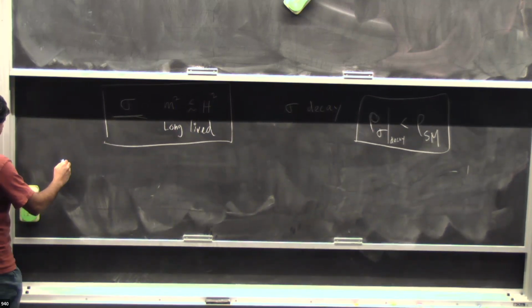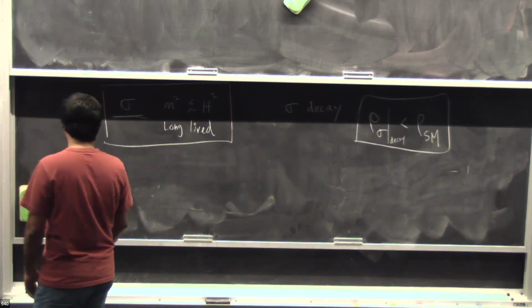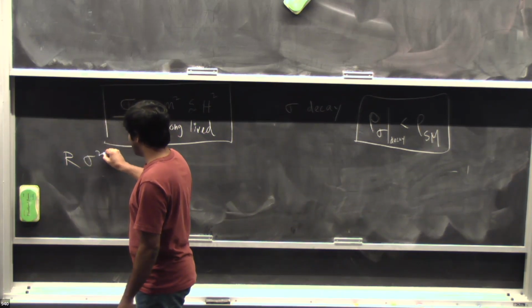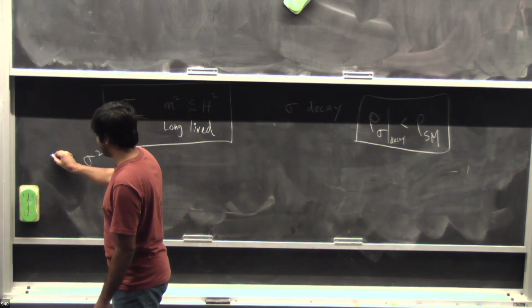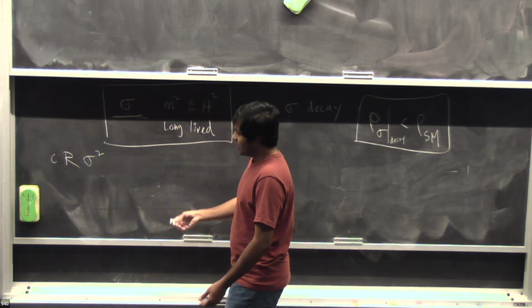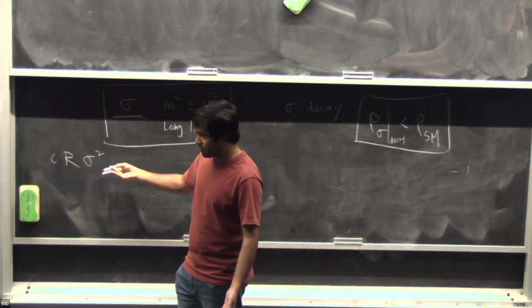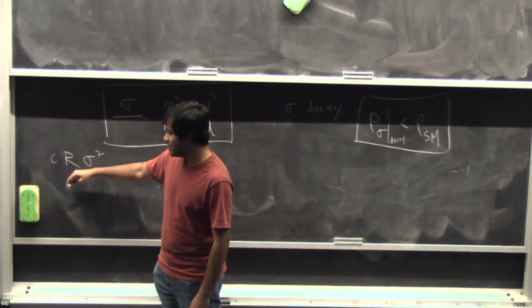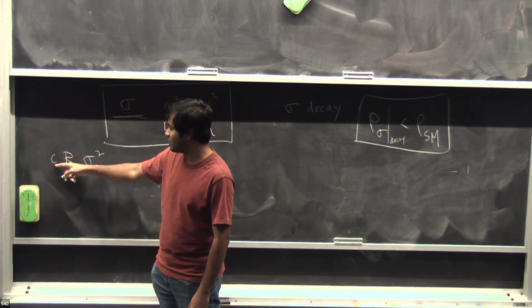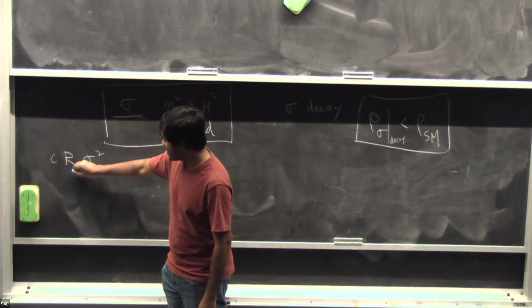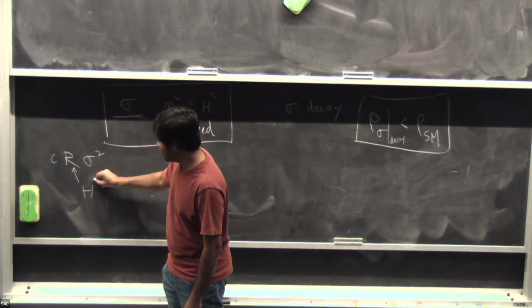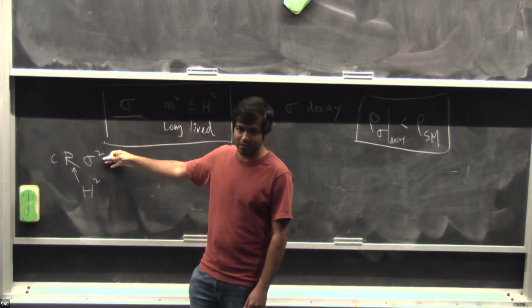For example, imagine that you have the Ricci scalar and a sigma square coupling in your potential with some constant C. This is a simple operator you can write. It's dimension 4. So for order 1 values of the coefficient C, because the Ricci scalar is of the order of Hubble square during inflation, you very easily get order Hubble square.